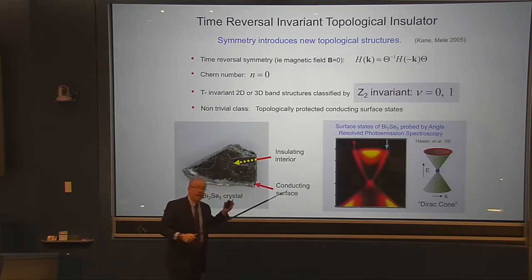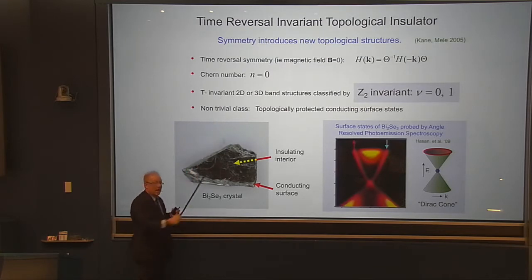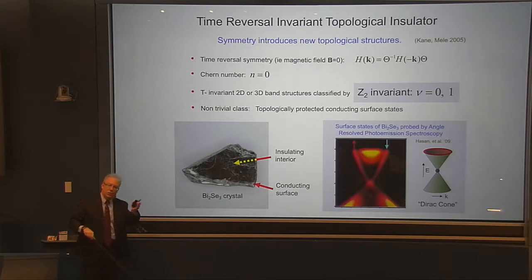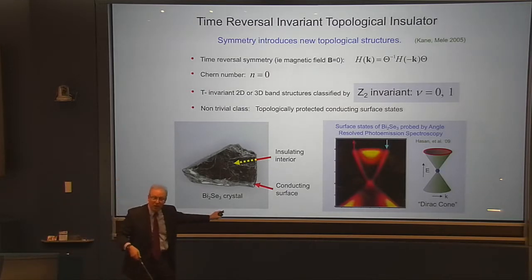One thing you immediately see is that the Chern number has to be equal to 0. Because if you do time reversal, the Chern number goes to minus itself, so if you have time reversal symmetry, it has to be equal to 0. So time reversal symmetry gets rid of the Chern class.